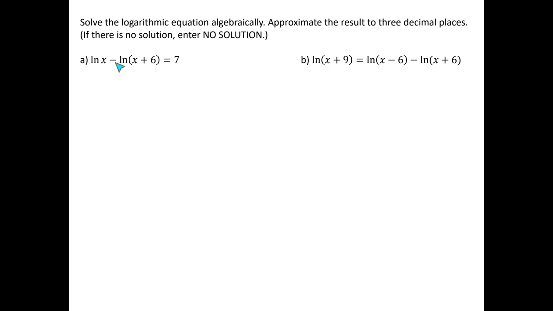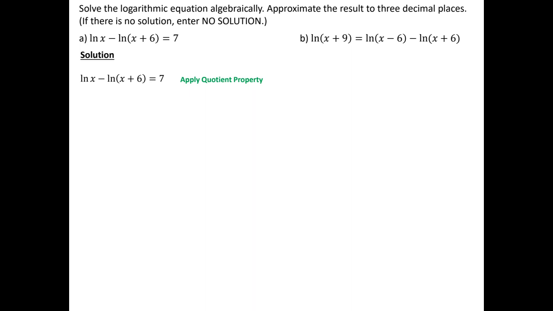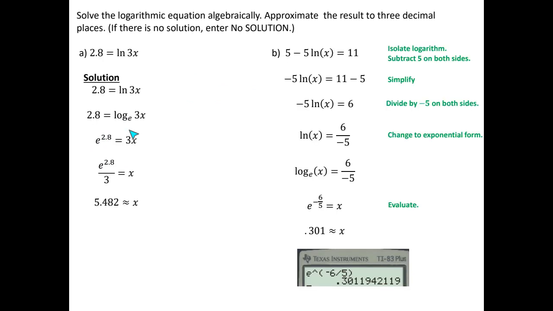Since they're being subtracted, I can use the quotient rule and divide them. So I'm going to have natural log of x divided by x plus 6. Then I'm going to convert it to exponential form. Remember, natural log is log base e, so my base is e. The log is equal to 7, so that means e to the 7 is the exponent. And now x is in a place where I can solve for x.